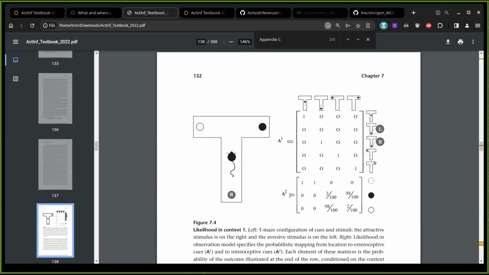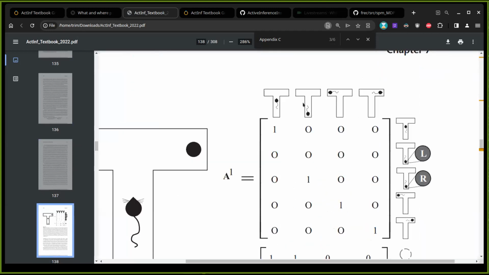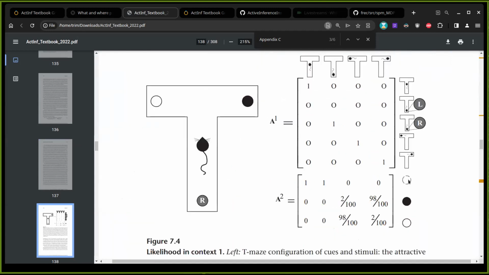And the second modality maps location to whether there is no tasty cue or aversive cue at these two locations. So when the mouse is in the center junction or down on the bottom, we're in this dashed line row. And then in this example, the right side has the black circle and the left side has the white circle.